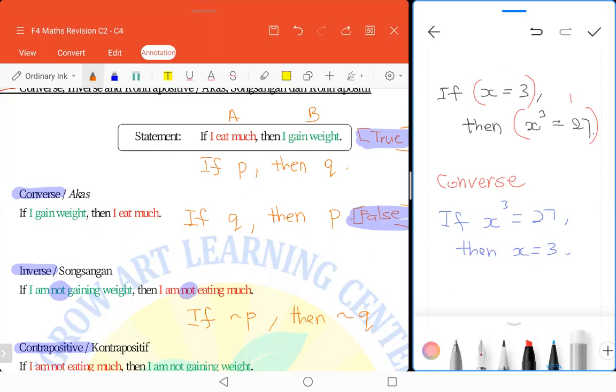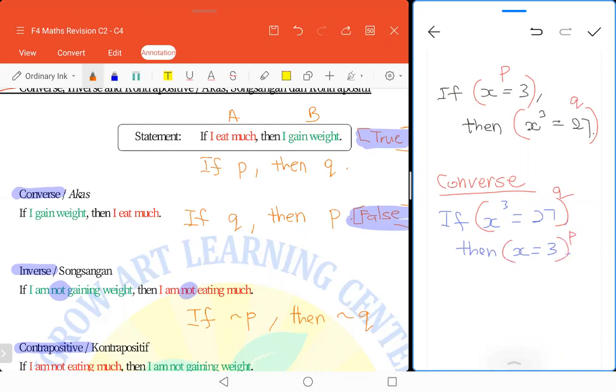Sorry, I write P and Q. Short sentence P, and this one is short sentence Q. Converse means you terbalik, opposite. Bring Q to the front, then P to the back. So the converse answer here: if x cubed equals 27, then x equals 3. You just swap the sequence. Is it better now?